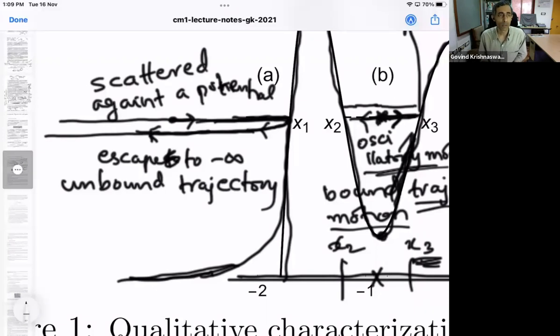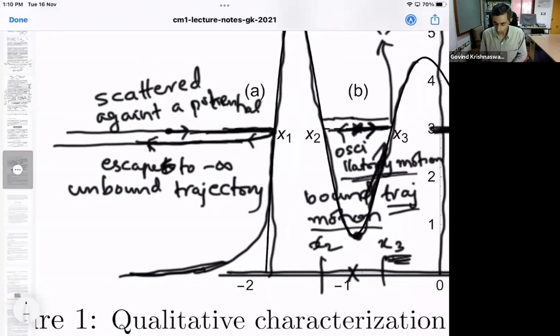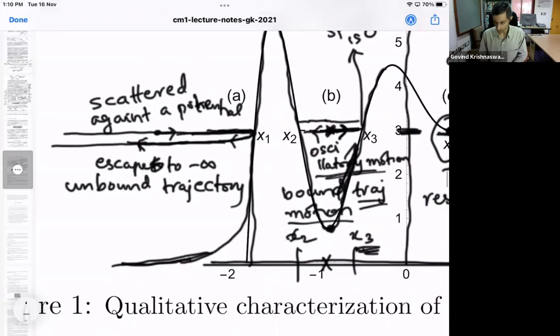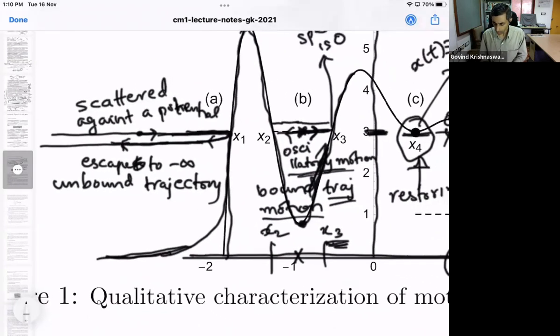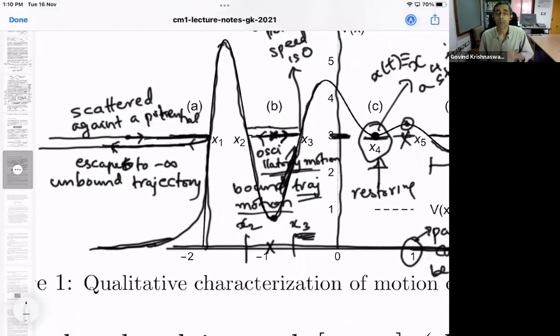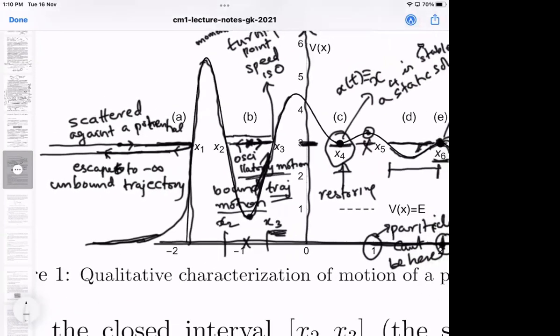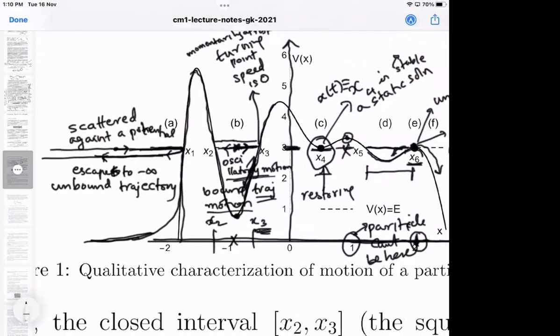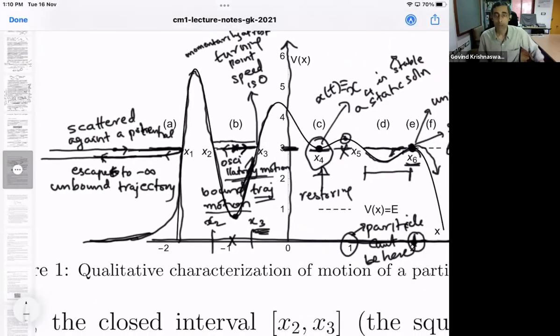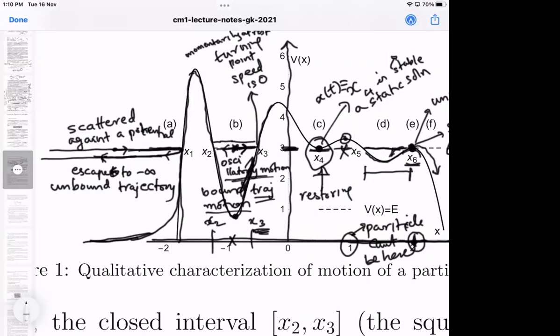We went through this a bit quickly, but I hope at least intuitively it is plausible as to how this is happening. Any question about this? Yes. If on the left, if the potential goes to 0 at some finite point, then the energy becomes constant.